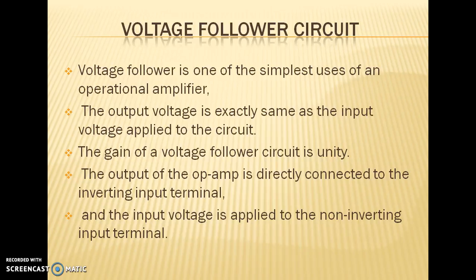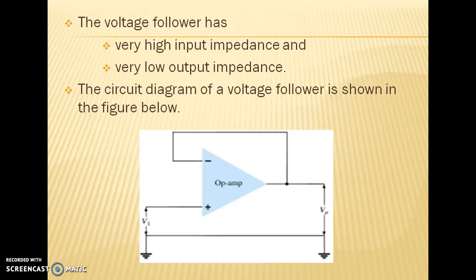The output of the op-amp is directly connected to the inverting input terminal, and the input voltage is applied to the non-inverting input terminal. The voltage follower has very high input impedance and very low output impedance. The circuit diagram of a voltage follower is shown below.